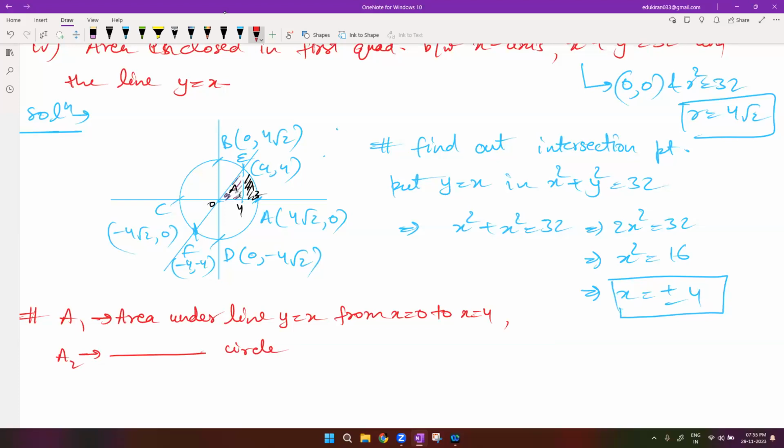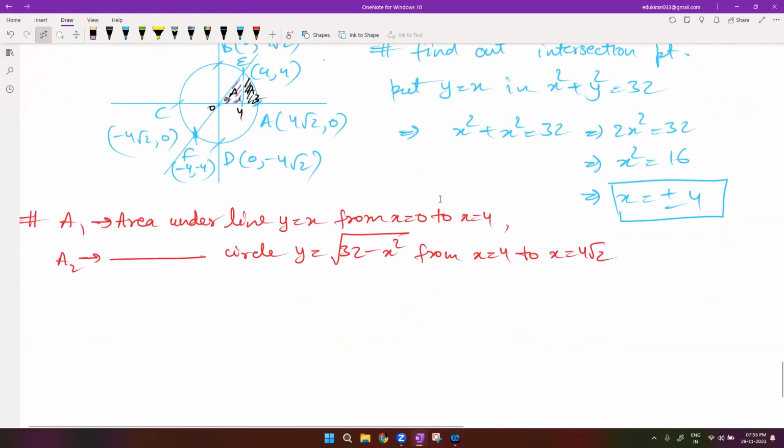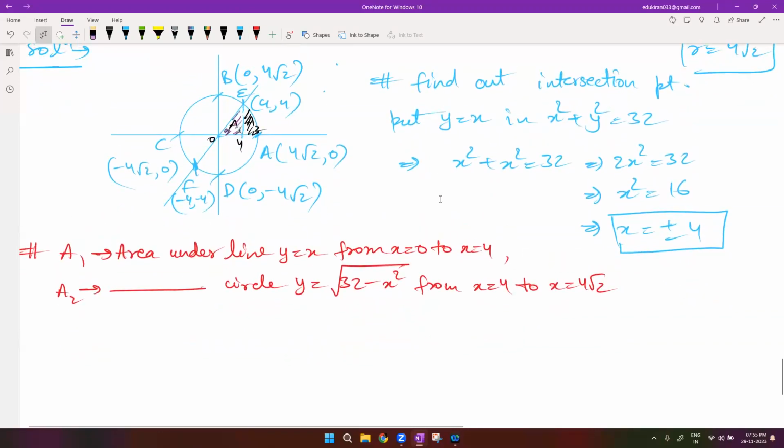And this circle can actually be written like this. I am taking the value of y. So this is an important point that you have to visualize.